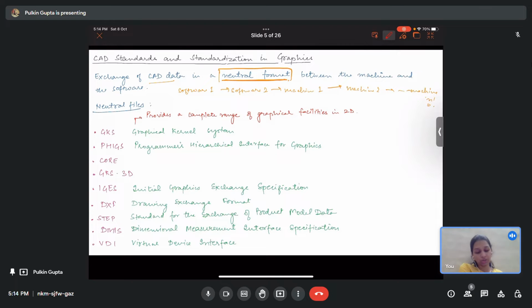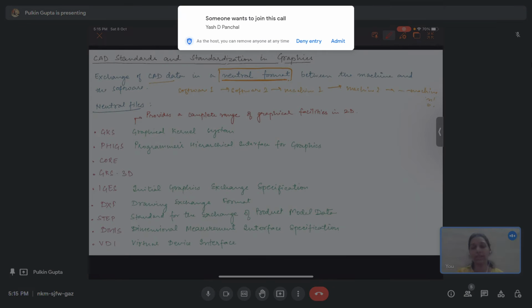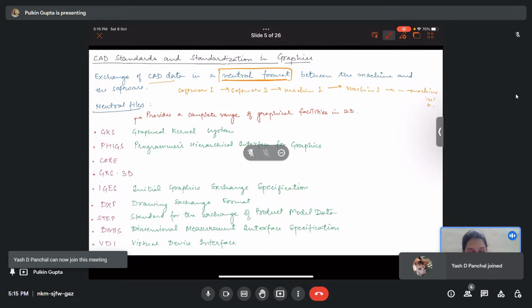And its function is to control all types of graphic devices such as plotters, displays, etc., and they should be small enough for a variety of programs.